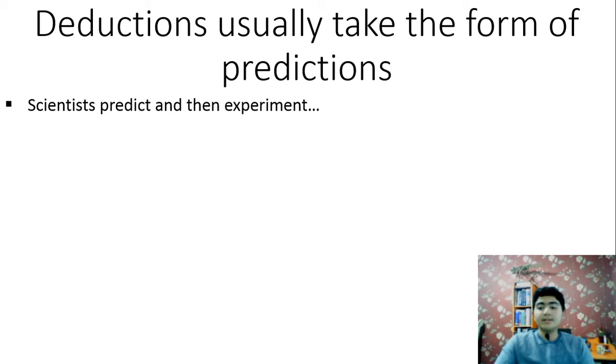Scientists then test the hypothesis by carrying out experiments or observations to see whether or not the results are as predicted. And so this deductive testing takes the form of if-then logic.